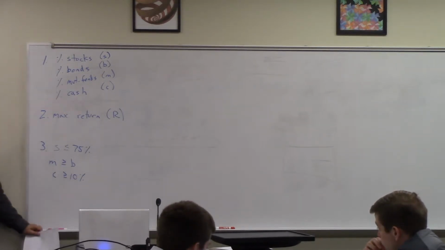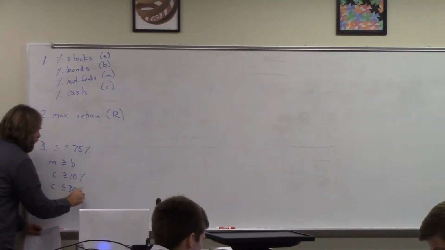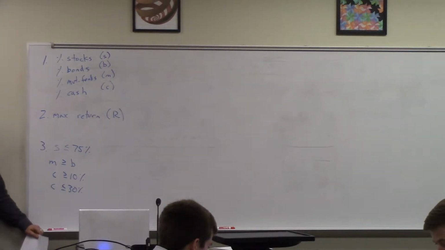All right. Back here, what's another constraint? Cash is less than or equal to 30%. Any other constraints? They all need to be less than one, or need to equal one. Percent stocks, percent bonds, percent mutual funds, all of them.